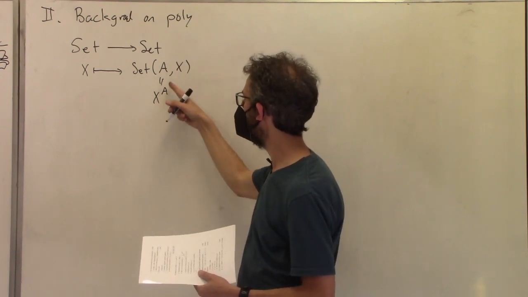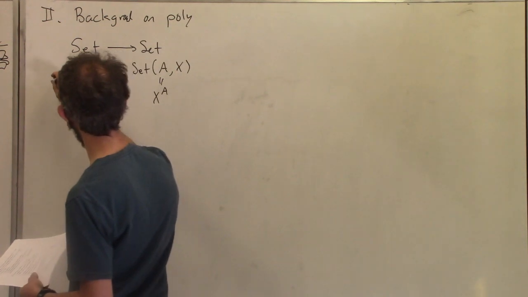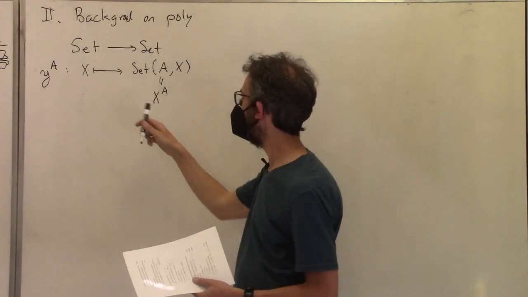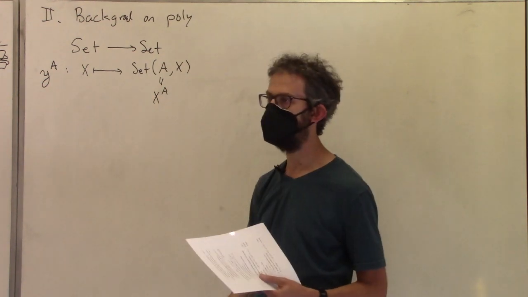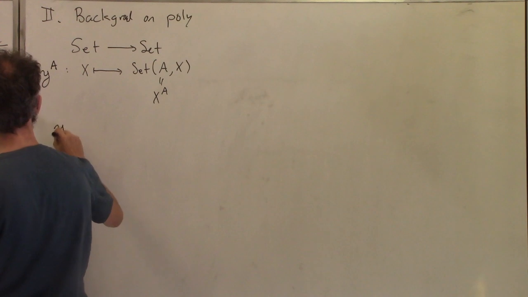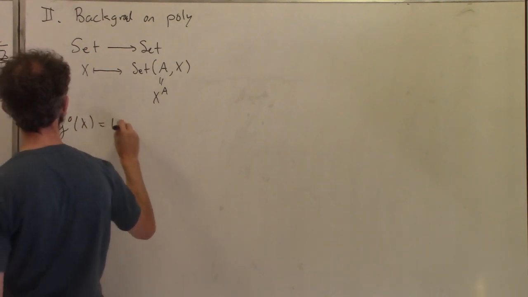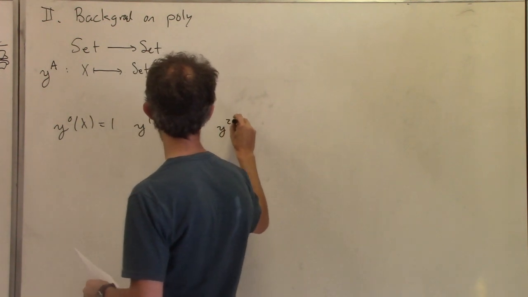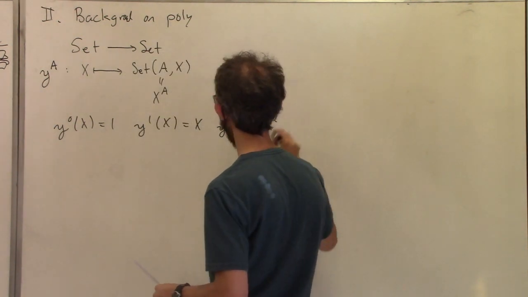So X to the 0 is 1. I'm going to call this thing Y to the A. It sends a set X to X to the power A. So Y to the 0 of anything is 1. Y to the 1 of anything is itself. Y squared of anything is X squared, etc.